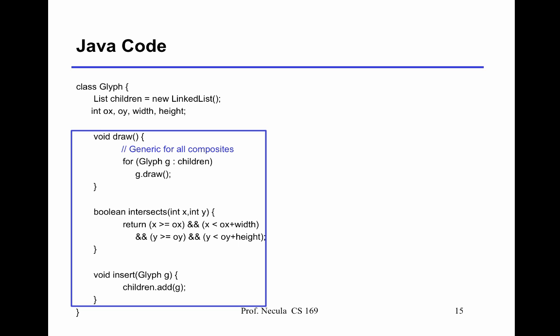The draw method is going to be inherited by all of the glyphs, and perhaps some of them will override it. But I'm going to write one here that will work for many glyphs. In fact, will work for all of the glyphs that are made out of smaller glyphs. And what do you do? How do you draw a glyph that's made out of smaller glyphs? Well, you just iterate over your children and ask them to draw themselves on the screen. And this will probably work for columns, for lines, for pages, for documents.